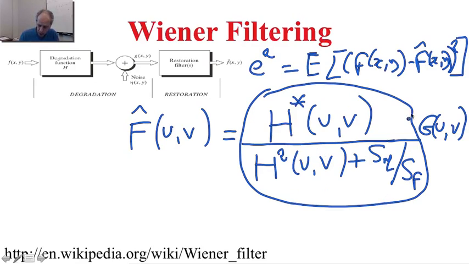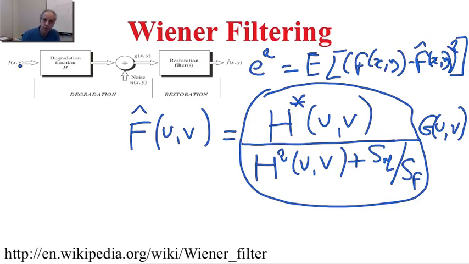So let's just explain again this expression. Here is once again the complex conjugate of your Fourier response of the degradation filter. Here is basically the magnitude square, nothing else than that. And here, as I say, this is the power spectrum of the noise and the power spectrum of your original signal or the signal class. The power spectrum is basically the magnitude of the Fourier transform of the correlation function.